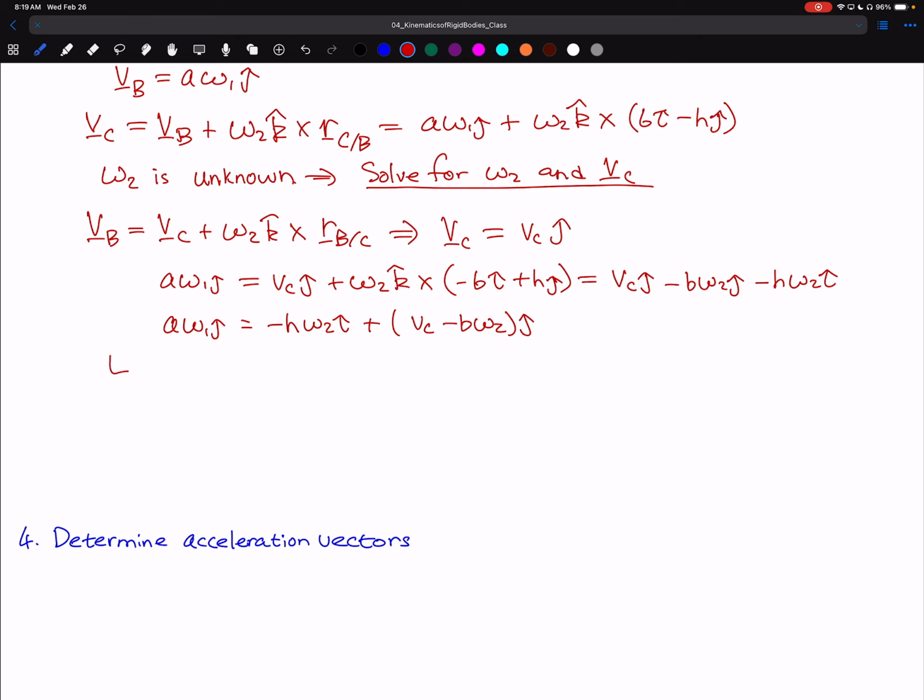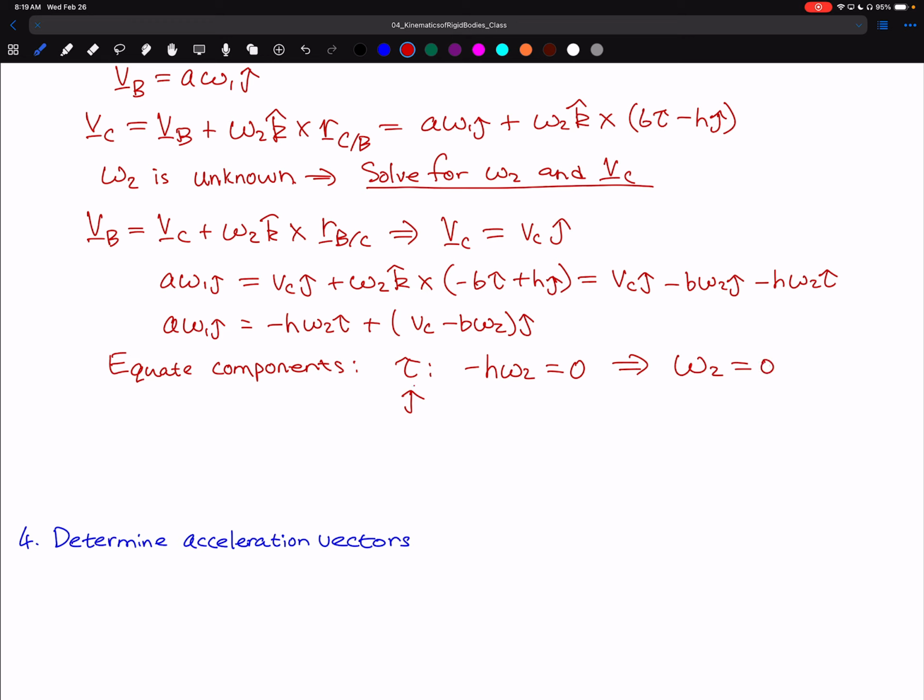From here, we're going to equate components. In the i direction, we're going to get minus h omega 2 equal to 0. And then from here, we're going to find that omega 2 is equal to 0.